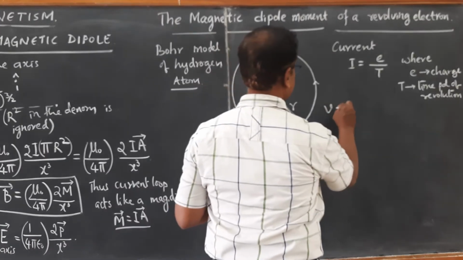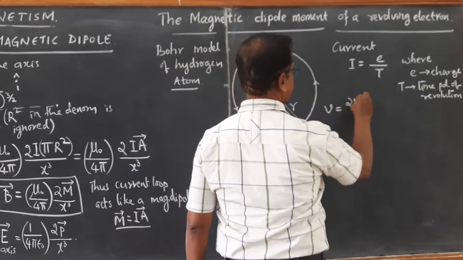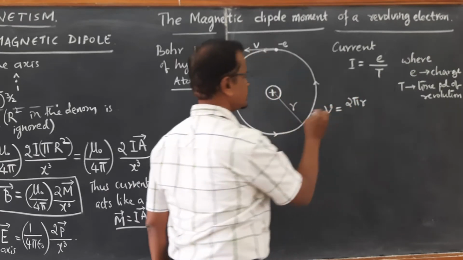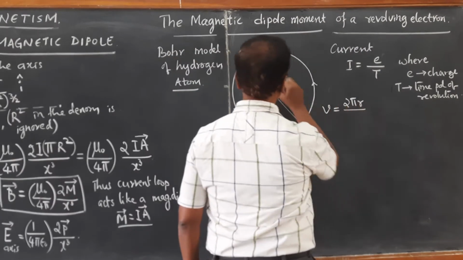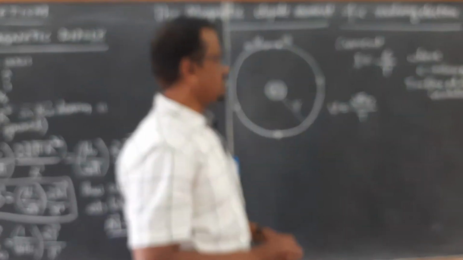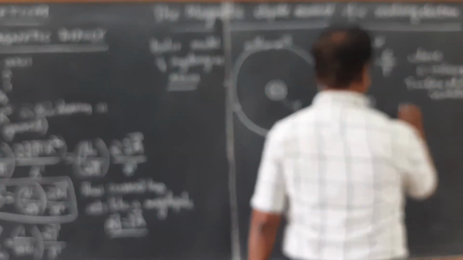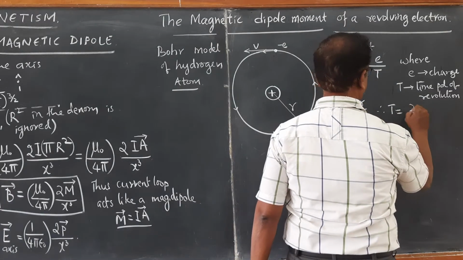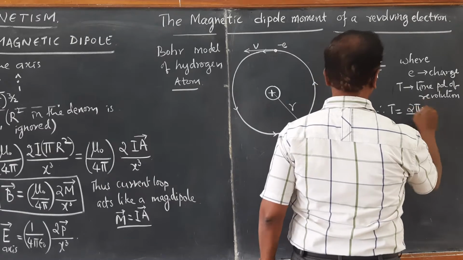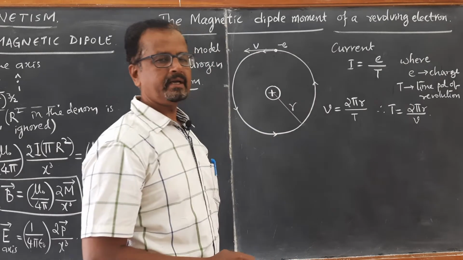So, linear speed v equals the complete distance covered for one revolution, 2 pi r, where r is the radius, divided by the time taken for one complete revolution, T. Therefore, T becomes equal to 2 pi r by v.